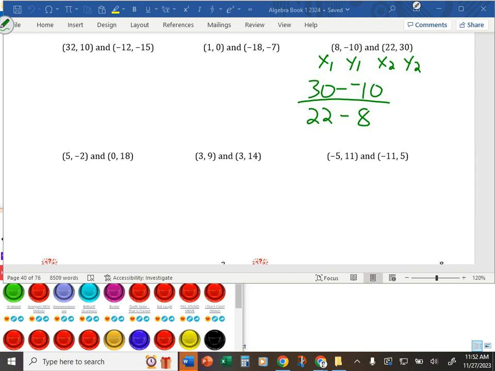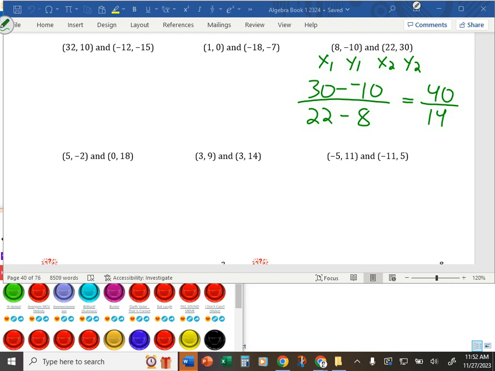30 minus negative 10, it changes to addition. 30 plus 10 is 40. And 22 minus 8, standard subtraction, is 14. How would that simplify? 40/14. 8/7?